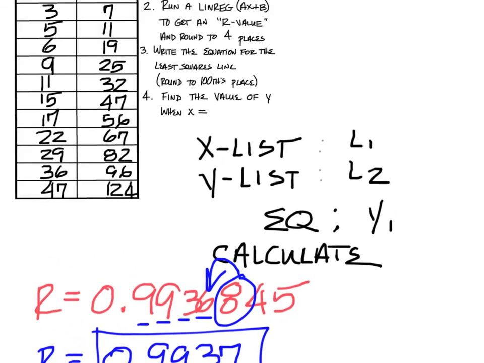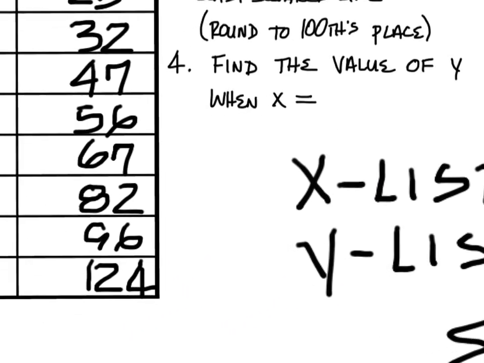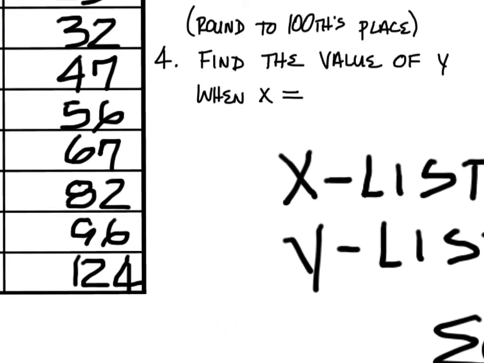The last thing that we have to do is find the value of Y when X is 232. So what you want to do on your calculator is enter in 232 and hit the store button, which is just above the on.